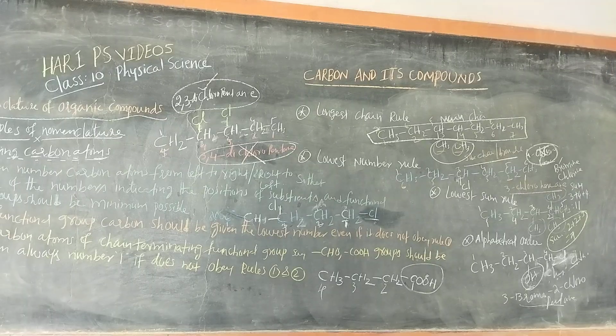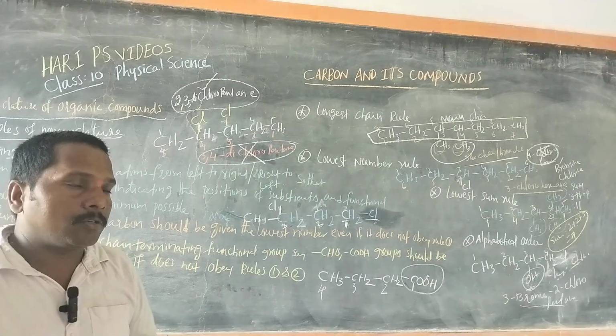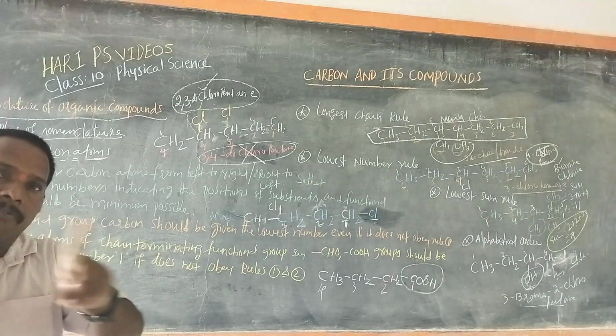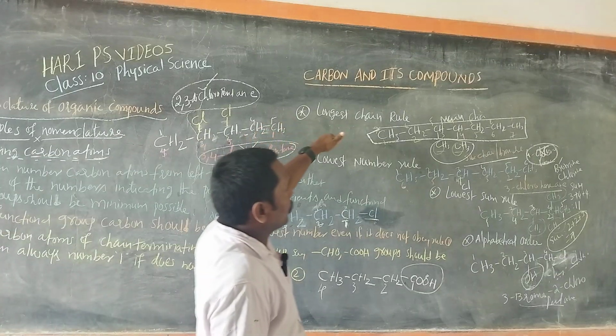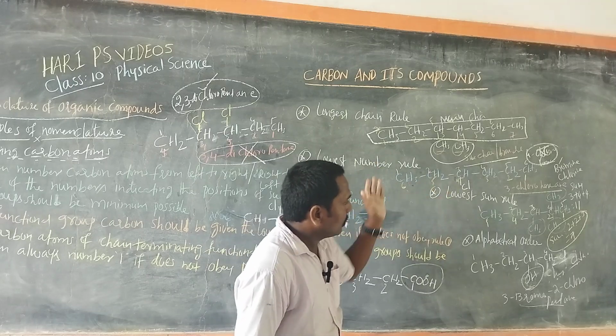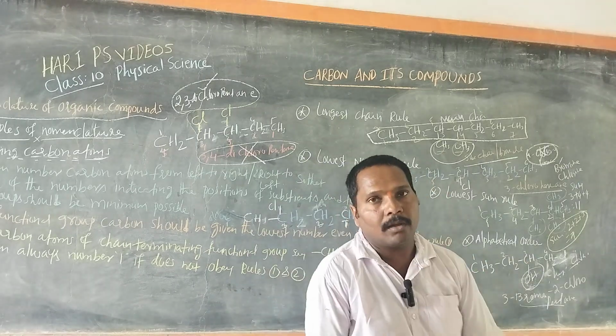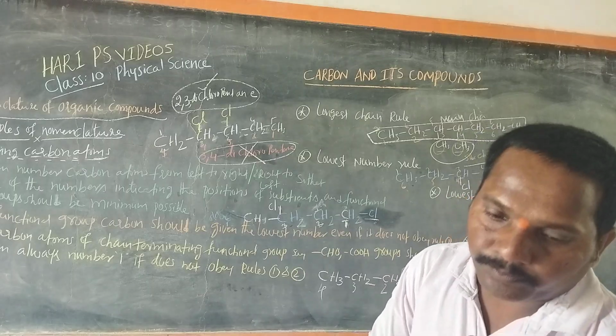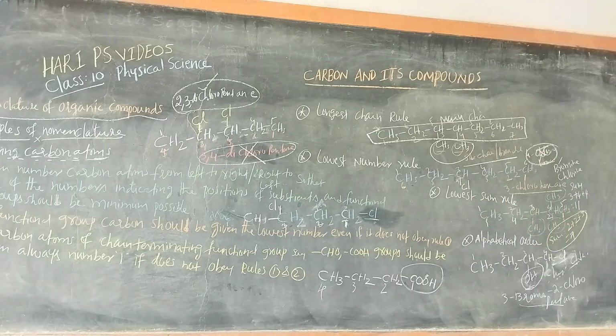If the functional group carbon is directly in the main chain, give it the first number. Then the longest chain rule, lowest number rule, lowest sum rule, alphabetical order. So this is about the rules for nomenclature of organic compounds.